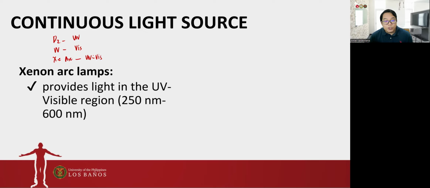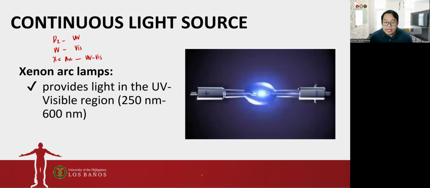That's why our instruments usually have two lamps, the D2 lamp and the tungsten lamp. This is the visual example of our xenon arc lamp.